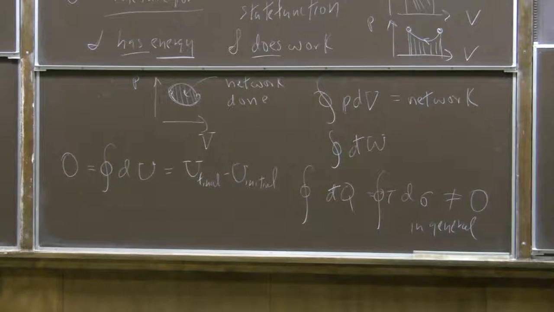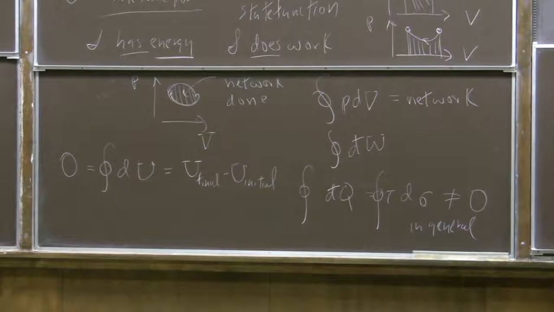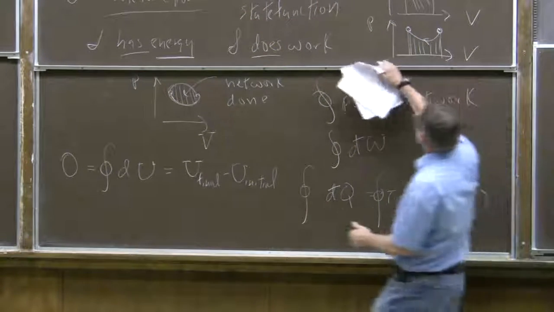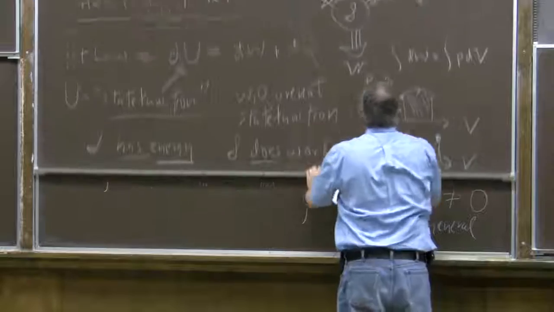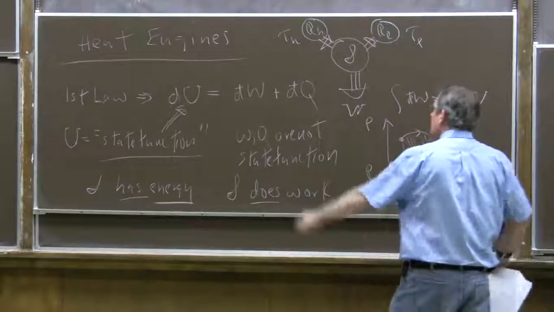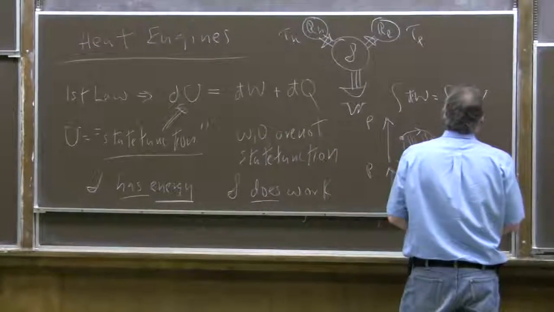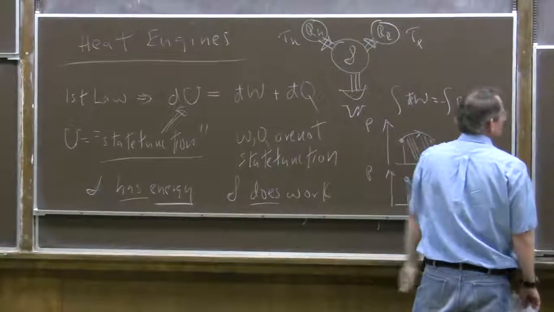And the work done by the system, so I define dQ to be the heat flow. This doesn't look right, does it? Work done. Oh, I see. I wasn't consistent. So this means it's the work done on the system, and therefore I should put a minus sign here, right?